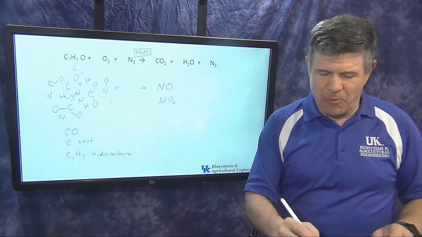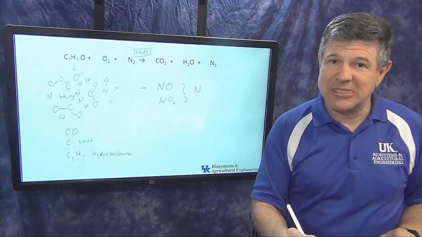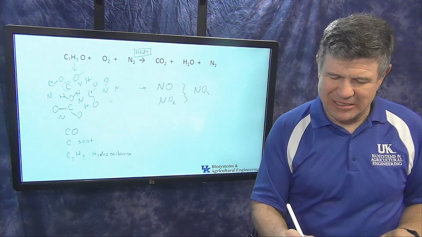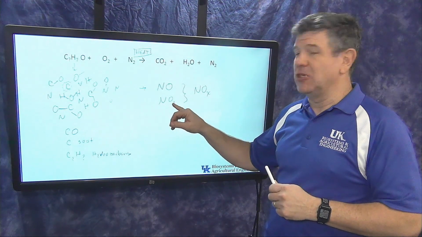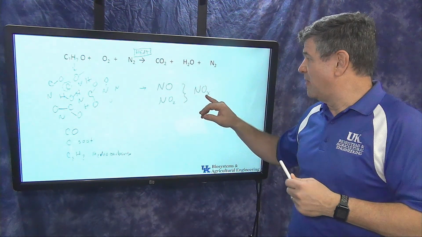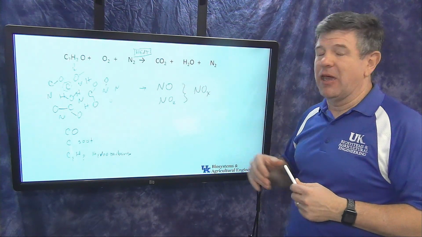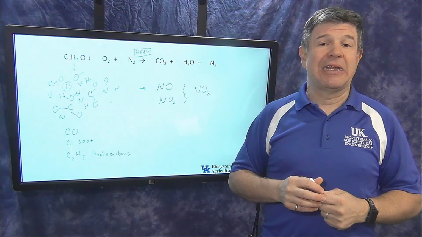We often say NOxes or NOx. So they could combine as nitrogen with one oxygen, nitrogen with two oxygens, nitrogen with maybe 3 or 4, whatever, but some combination of nitrogen with oxygen. NOxes, those are really bad gases.